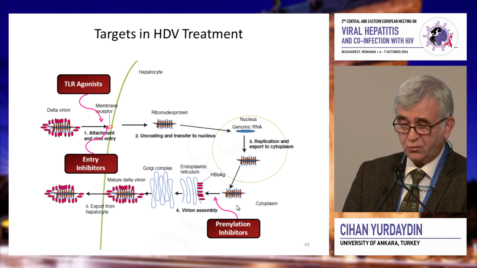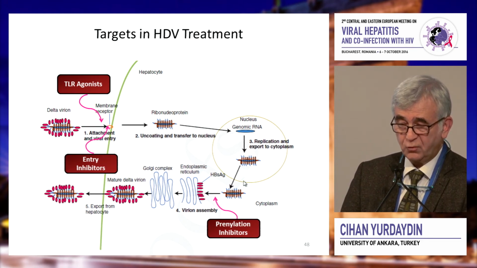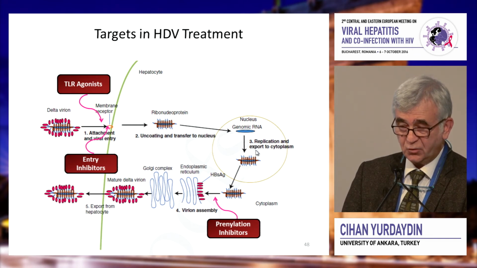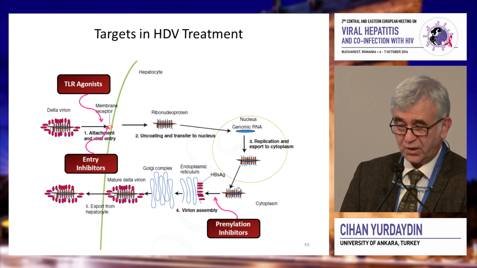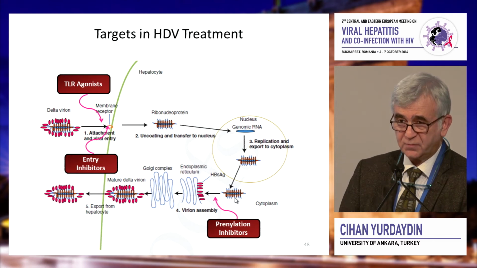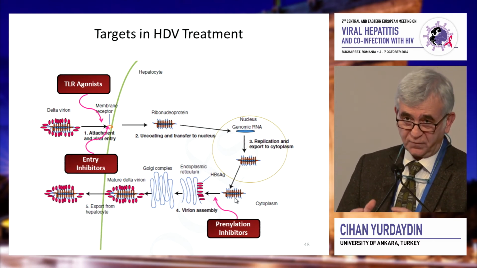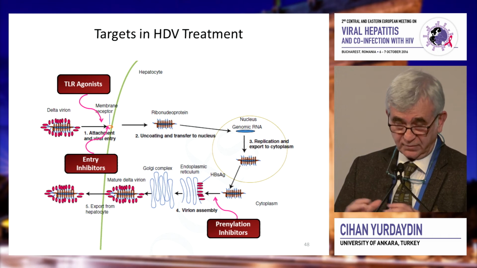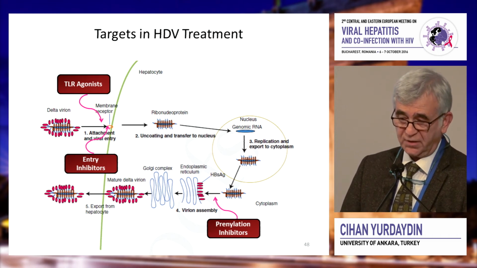The newly formed nucleoprotein complex in the nucleus goes out of the nucleus into the cytoplasm. It has to be covered by surface antigen to finish virion morphogenesis.